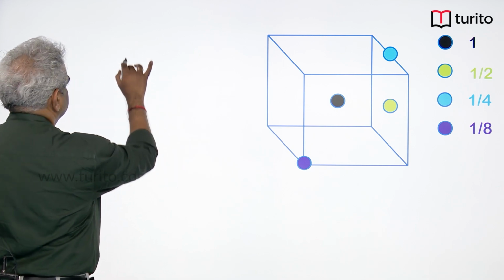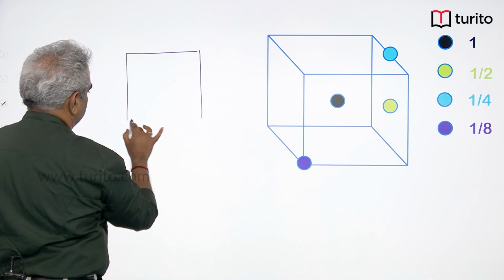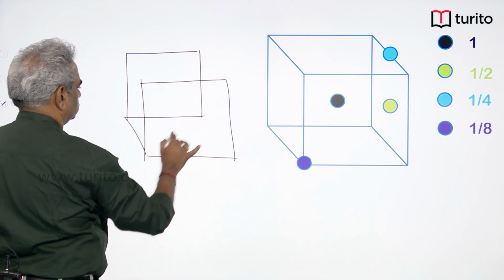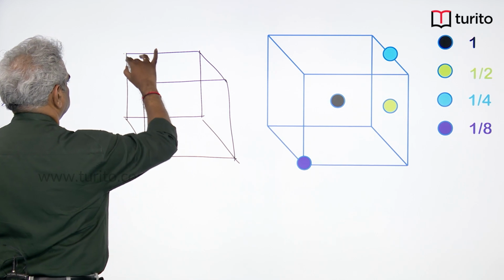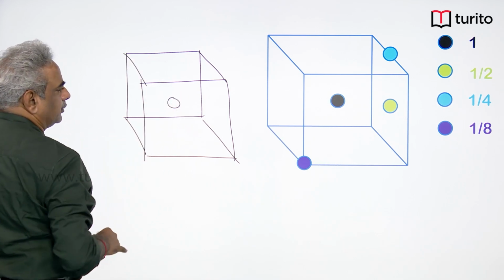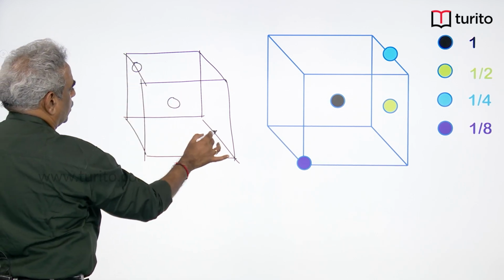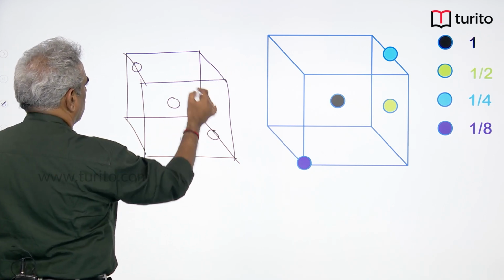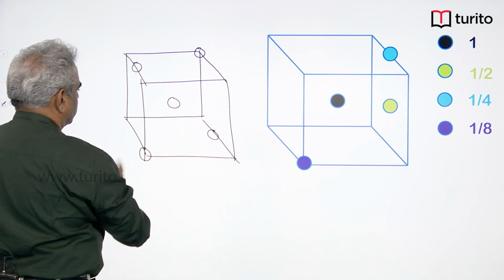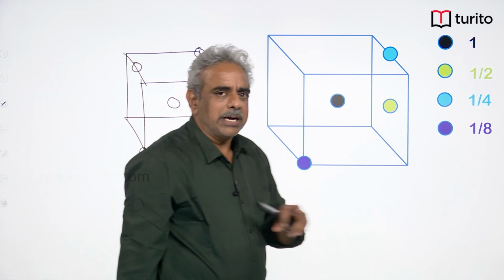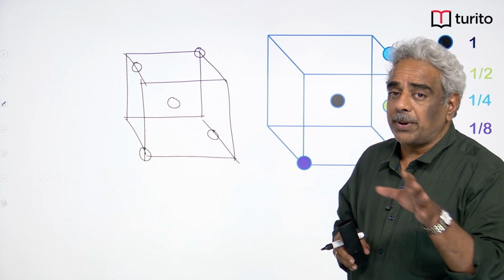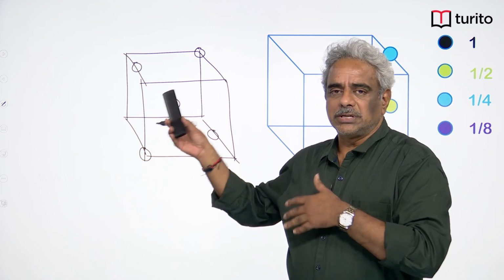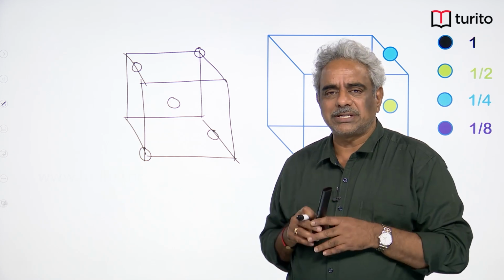Suppose I have got a unit cell like this, a cubic unit cell. There is a body center atom, there are 2 opposite edge center atoms, and you have got 2 opposite corners. That is where the matter ends. For logic purposes I am giving this. Don't think there will be a substance with this kind of unit cell, just for logic's sake.